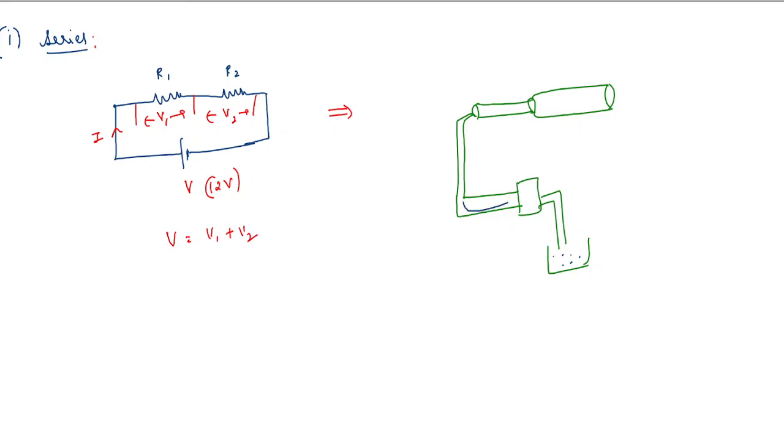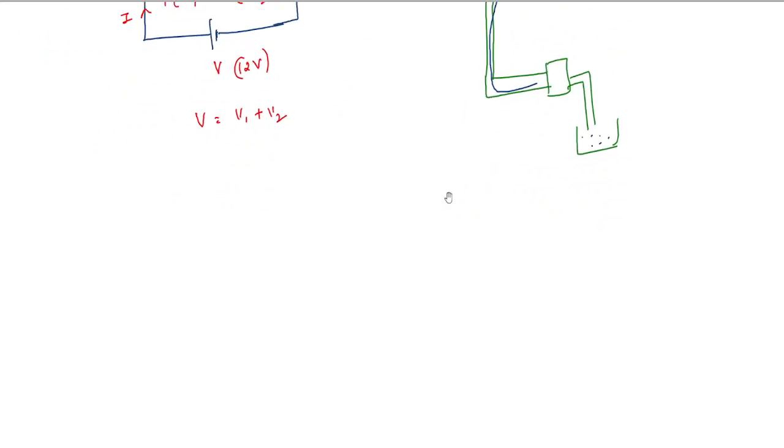Whatever water enters the pipe, let us call it P1, the same amount of water will enter through pipe P2 also. So here the same amount of water flows through both the pipes. We can think of water to be like current. So in case of series combination, the same amount of current flows, like water flowing through different pipes. This is called series combination.